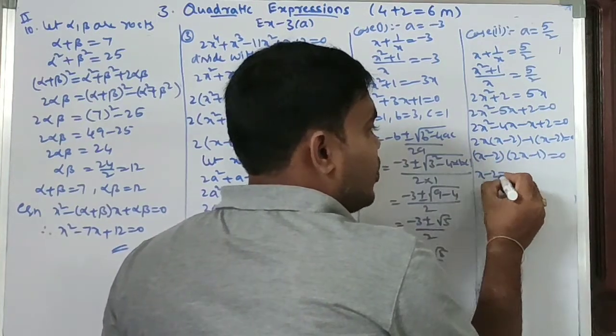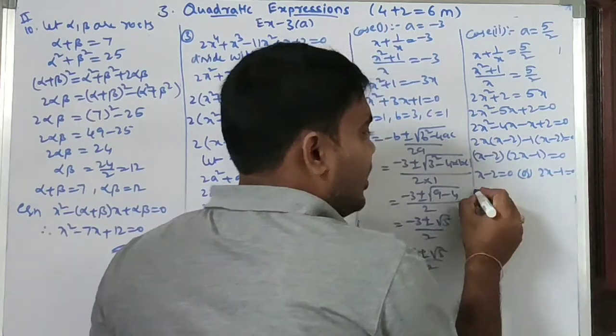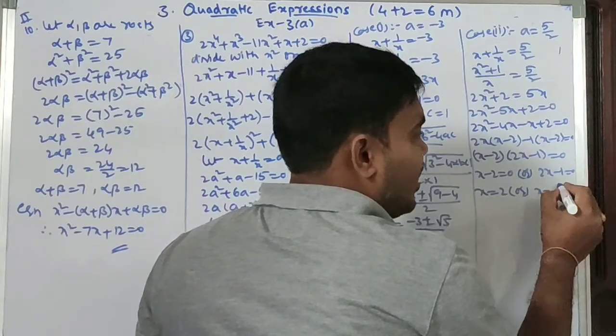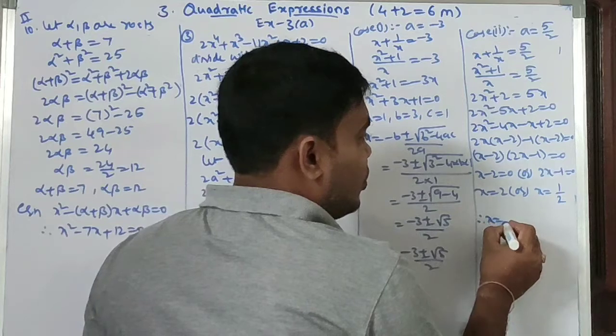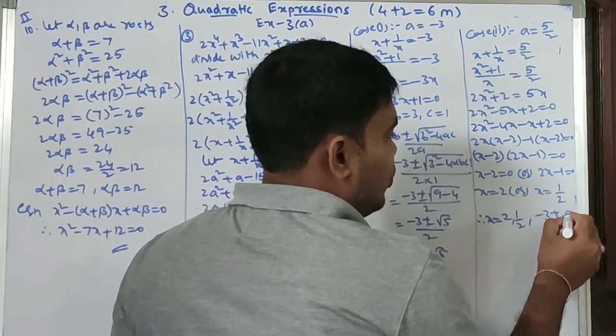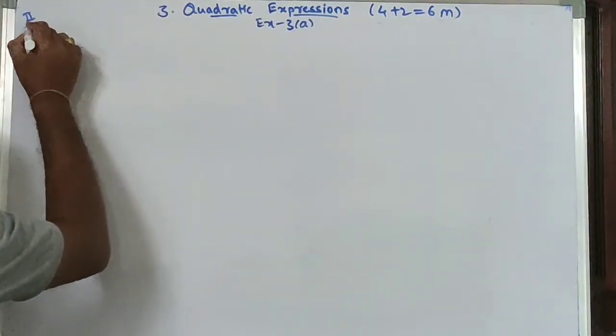Either x minus 2 equal to 0 or 2x minus 1 equal to 0. So x equal to 2 or x equal to 1 by 2. Therefore x equal to 2, 1 by 2, minus 3 plus or minus root 5 by 2. So this is the second bit, 8th question.